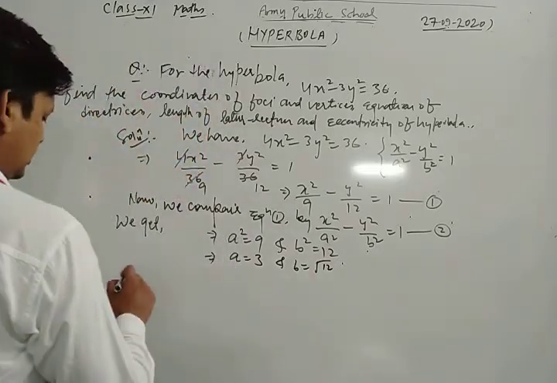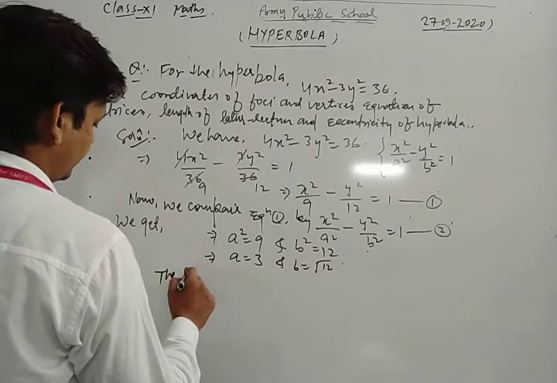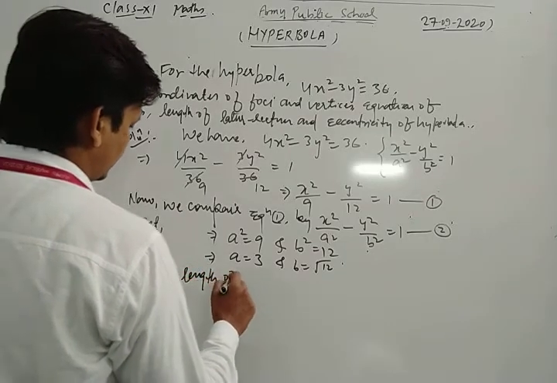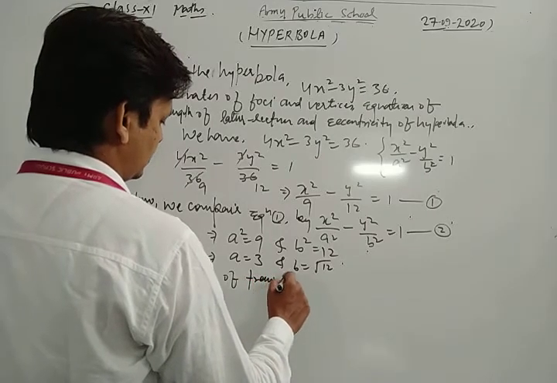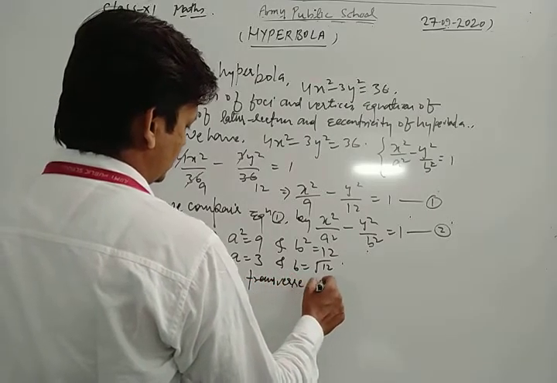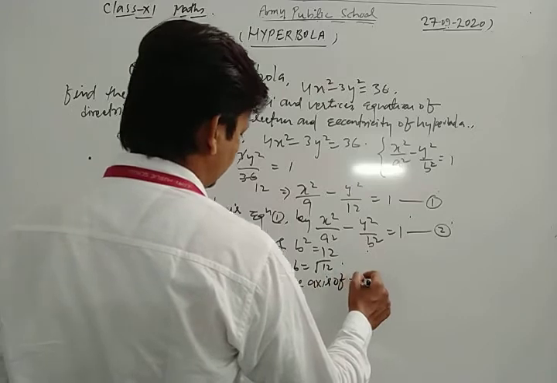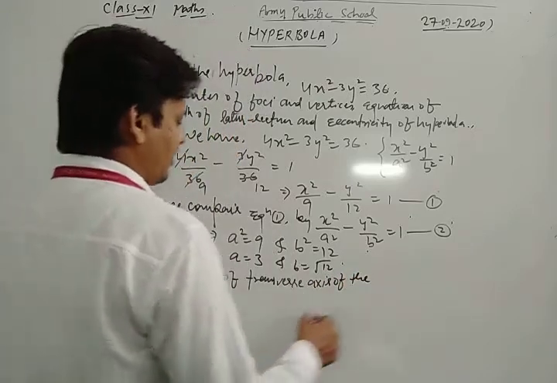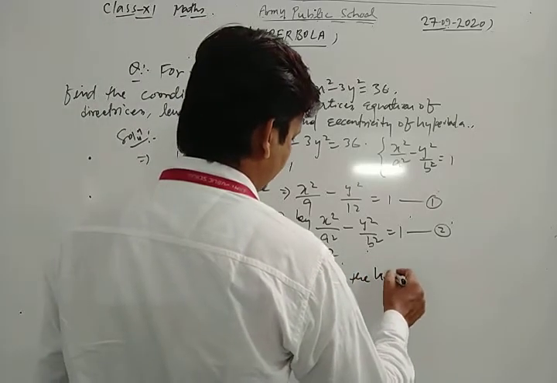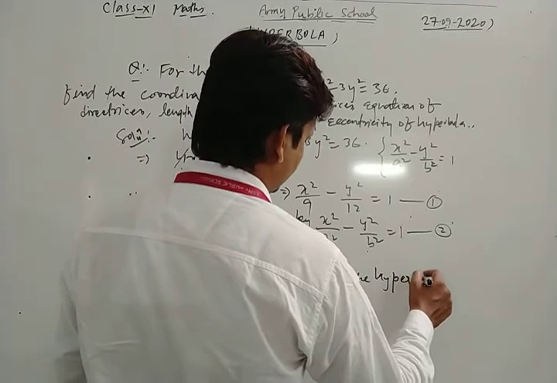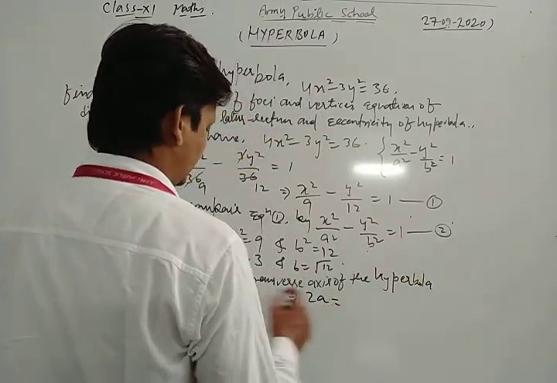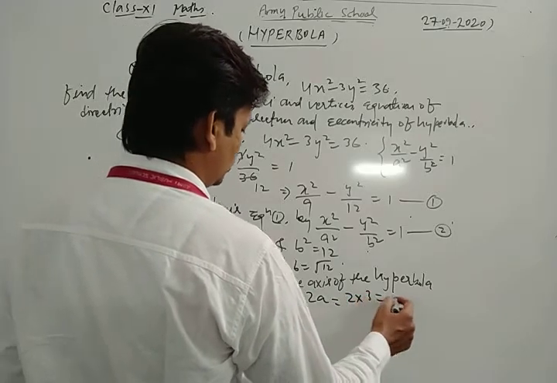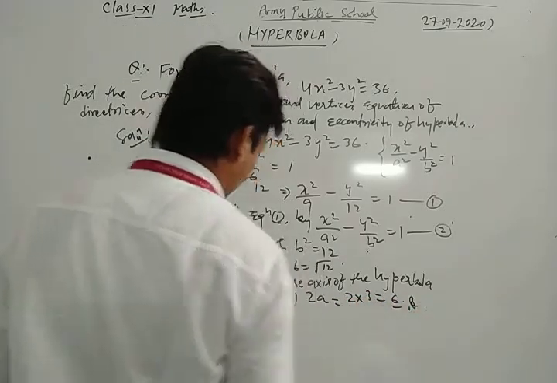Since the length of the transverse axis of the hyperbola is 2a, we have 2 into 3, and 2 into 3 is 6. This is one answer.